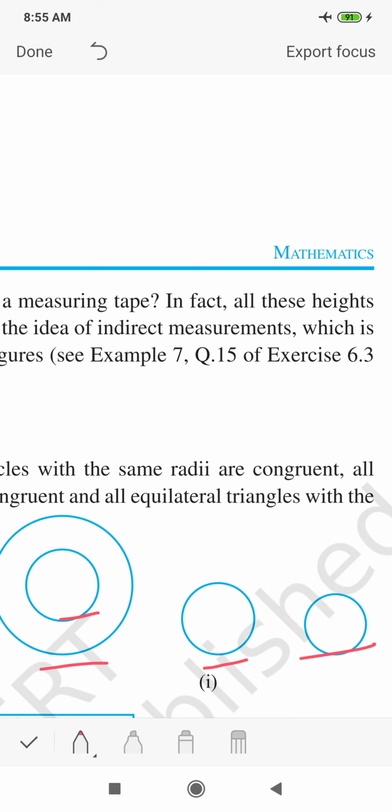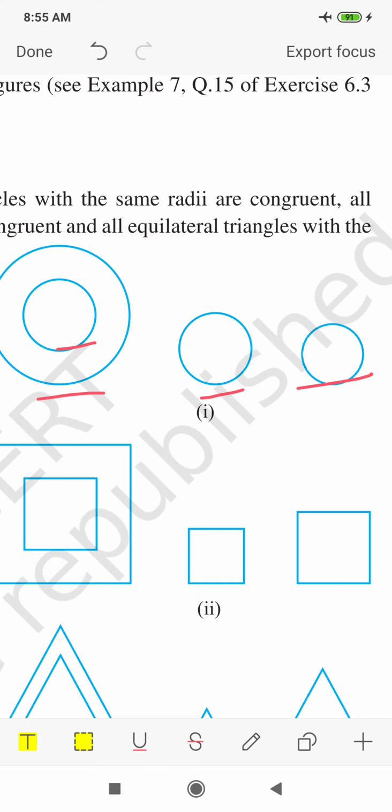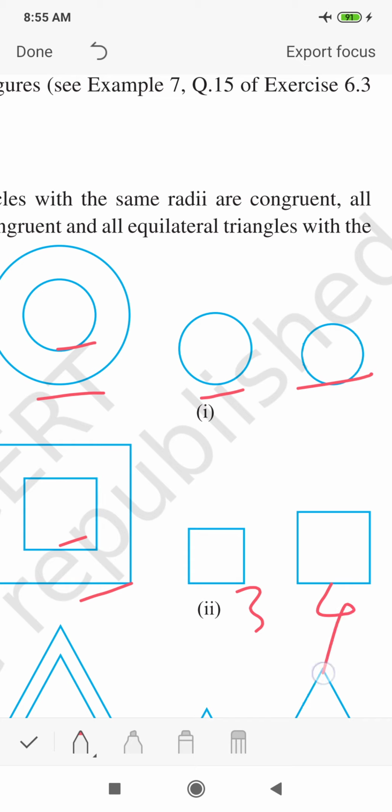Doesn't matter whatever the size, it matters only shape. So these four circles are similar circles. Here again four squares are there, 1, 2, 3 and 4. These four squares have the same shape but different size, so they are similar figures.